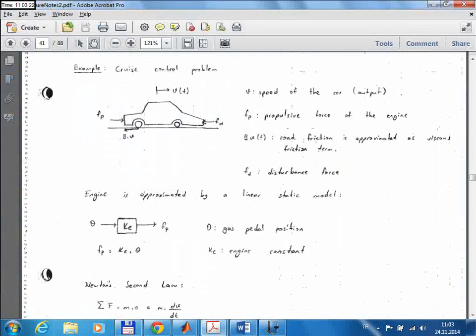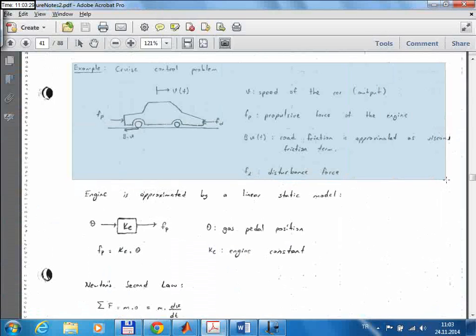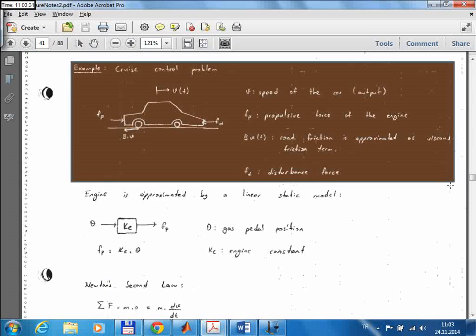Okay, so this is the example cruise control problem. It's a problem that you're all familiar with, I hope. So our system is a car.